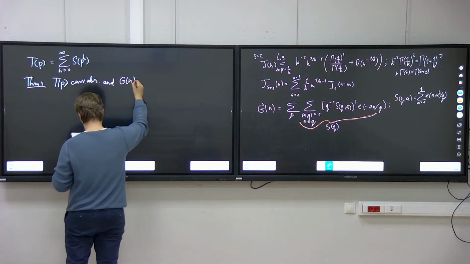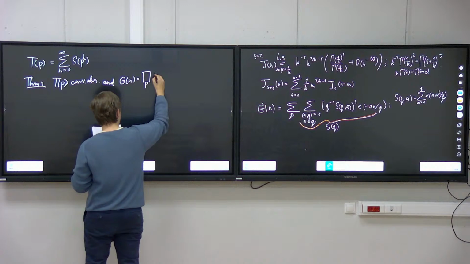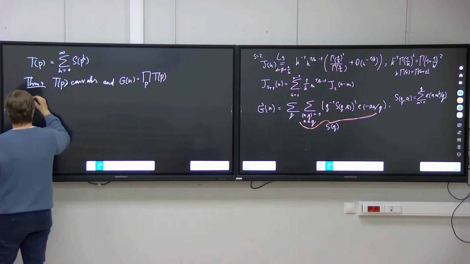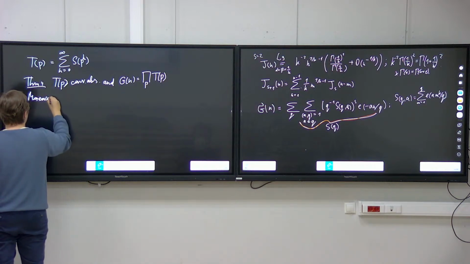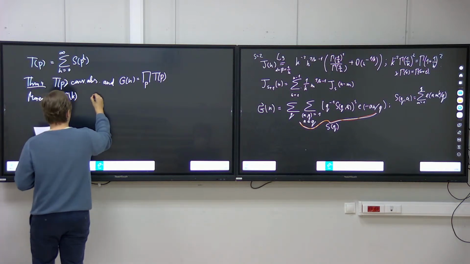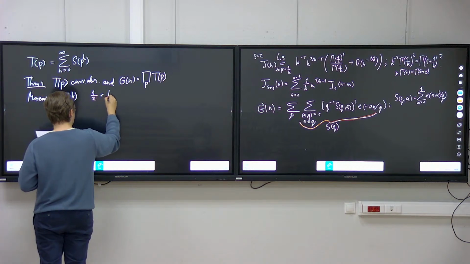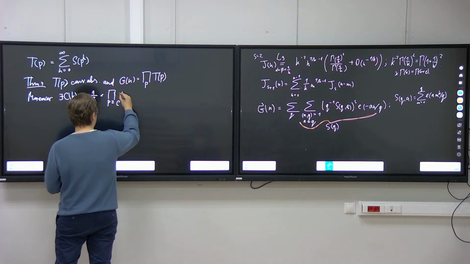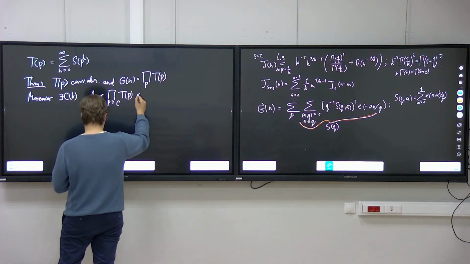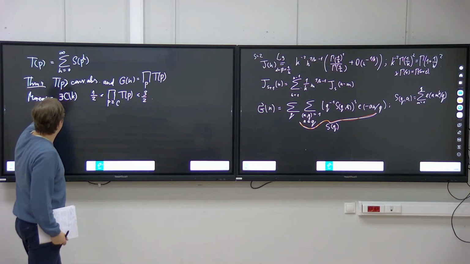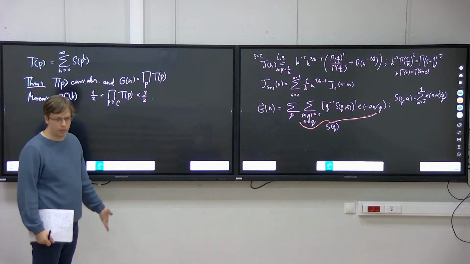G of n is the product of T of p over primes. Moreover, there exists some number c such that the product over all primes greater than c of T of p is close to 1. So we already proved this theorem. The last follows again from convergence.